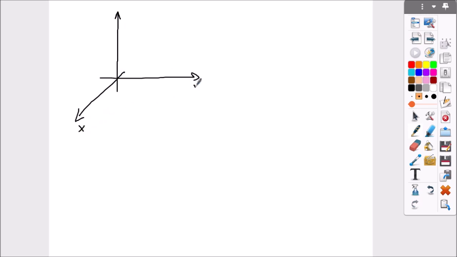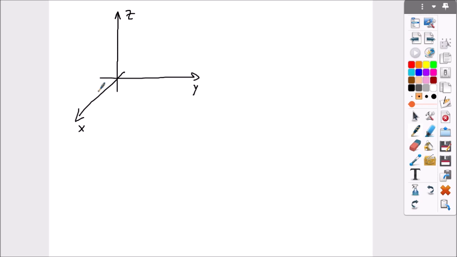This is X, this is Y, this is Z. Every time, it has to be like that. X, Y, and Z. It can also be rotated a little bit, that's okay. But it has to be like this, where the X is on the left-hand side of Y, because of something called the right-hand rule.